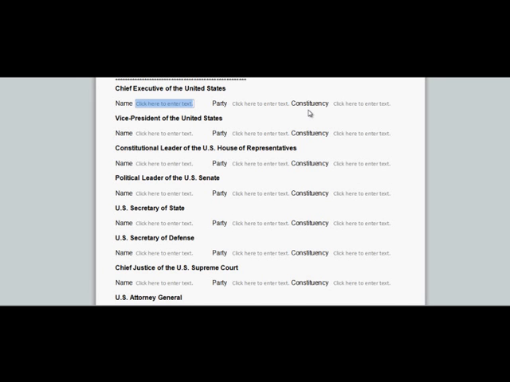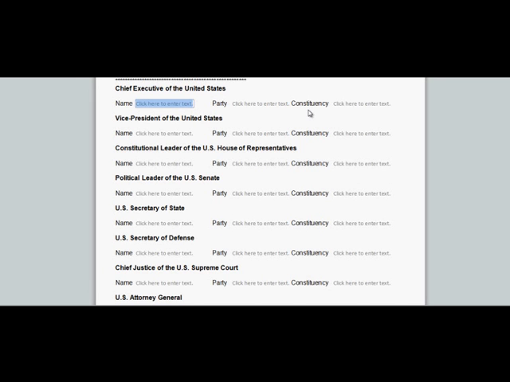What I want you to realize is that constituency for this assignment is simply the geographic region which a person represents. And we have to be careful, because sometimes we use the word constituency to refer to people that would vote for a person.